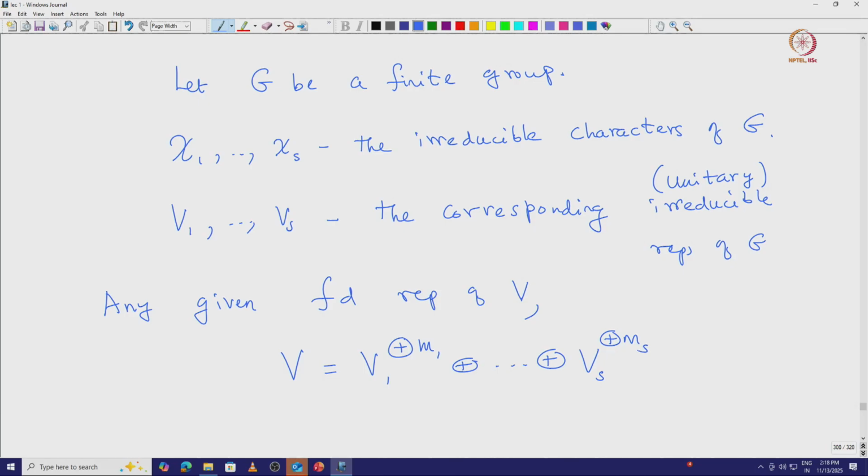So, here each V i occurs with multiplicity M i. So, this M i is nothing but the multiplicity of V i in capital V. So, this is what we will be using hereafter.